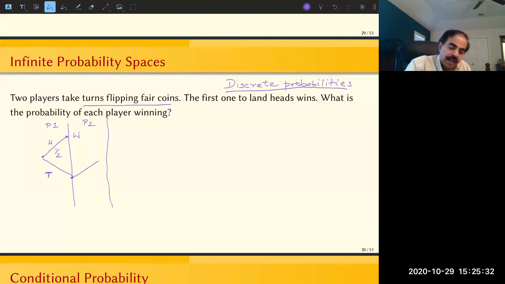so you're going to have heads and tails, and this is going to be a loss for player one.